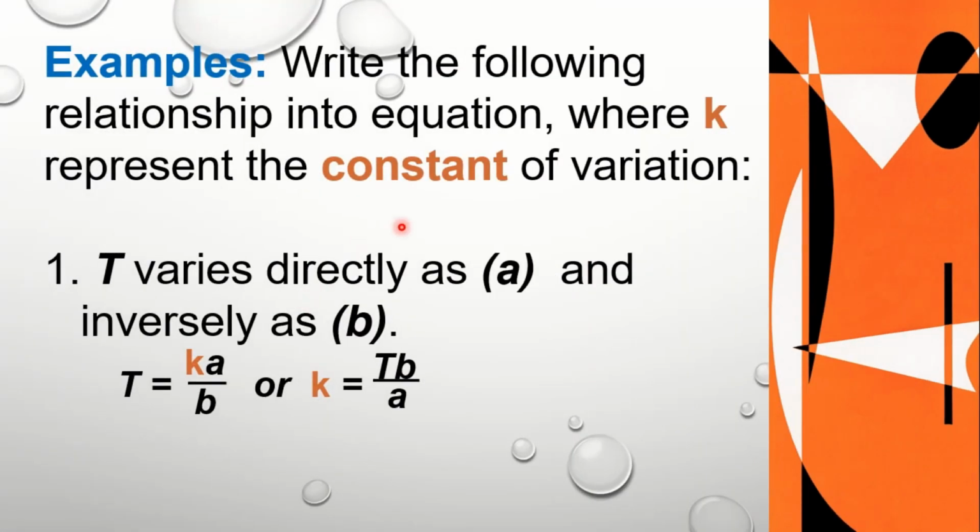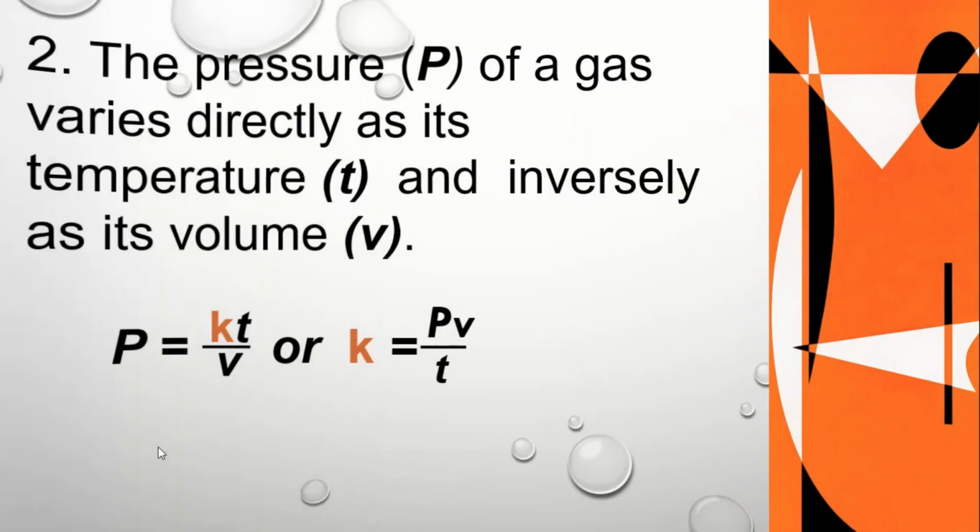Examples. Write the following relationship into equation, where k represents the constant of variation. 1. T varies directly as A and inversely as B. So T is equal to k times A over B, or k is equal to T times B over A. 2.